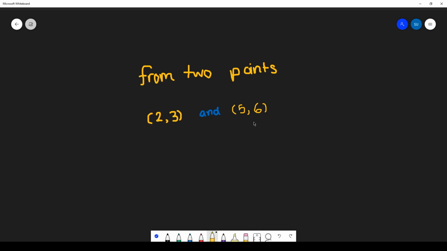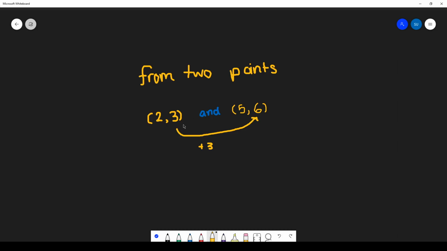So as always, we're going to find the difference between the y's and then the difference between the x's, and then we are going to divide the delta y over the delta x. So we see that when we look at the differences in the y's, from the 3 to the 6 is a plus 3 gain, since you add 3 to 3 to get 6.